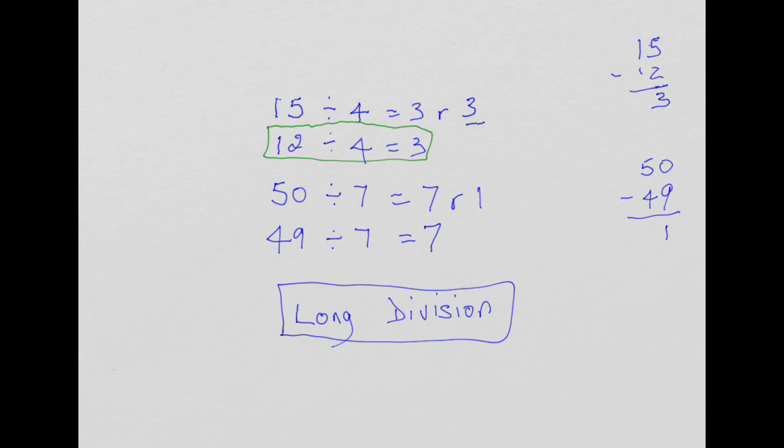In order to be able to find the answer to 11 times 2, we would do multiplication. The answer is actually 22. And in order to find out how to do 22 divided by 2, we use long division. And I'll show you how to do that in the next video.